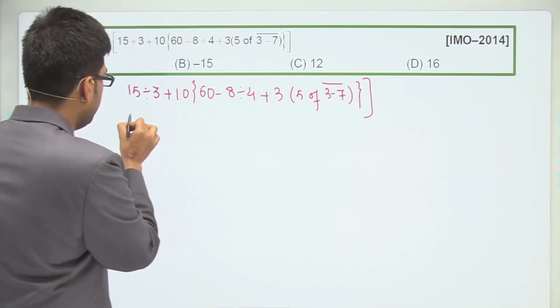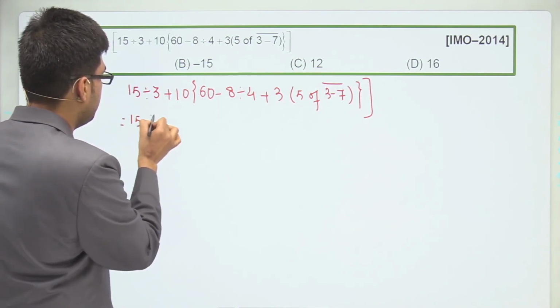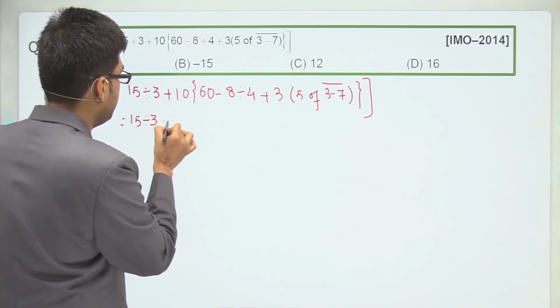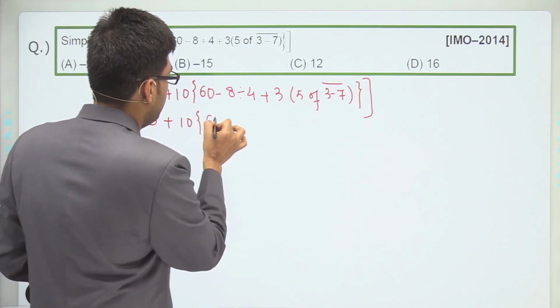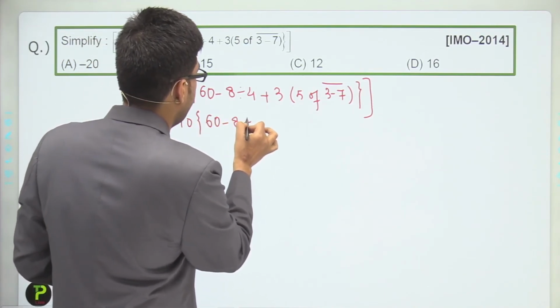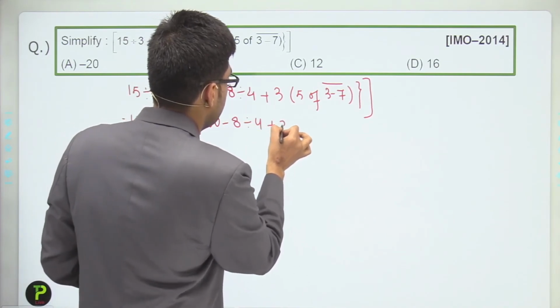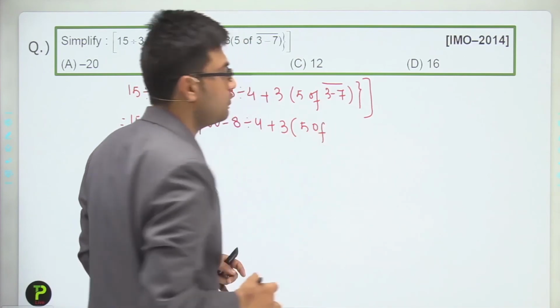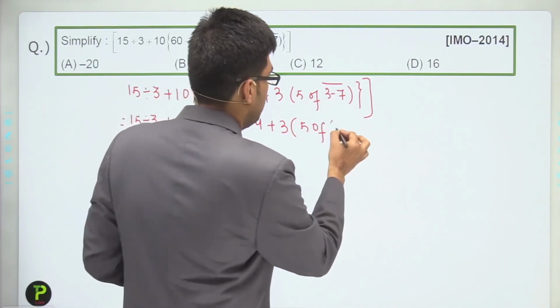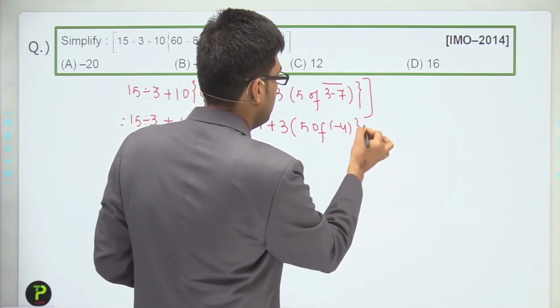So first of all, let's solve the vinculum bar. 3 minus 4 is what? Minus 4.